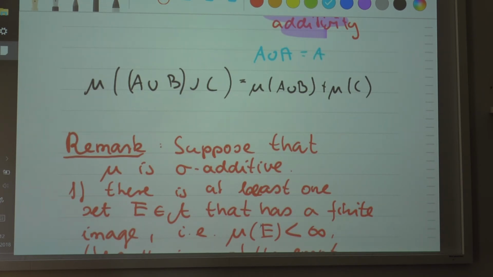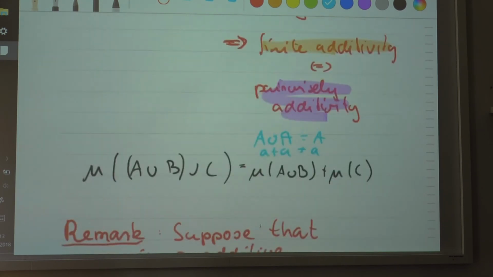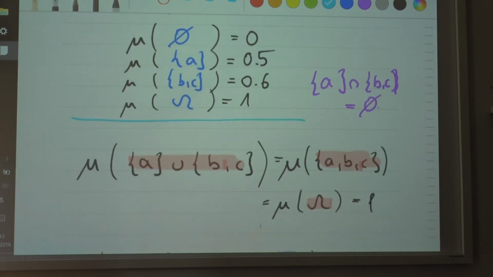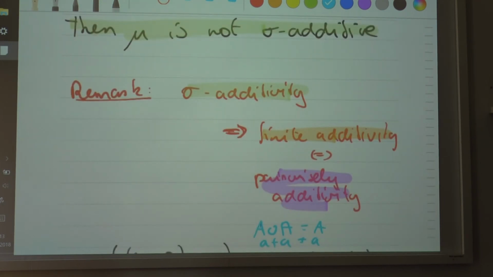That is not true for addition: a plus a is not equal to a. So addition is not idempotent. Also, the sets of which the union consists, for additivity of a function, must be disjoint, or pairwise disjoint to be precise. So there is an analogy between the two concepts, but it's not completely equivalent.